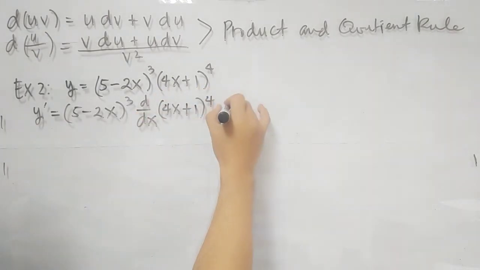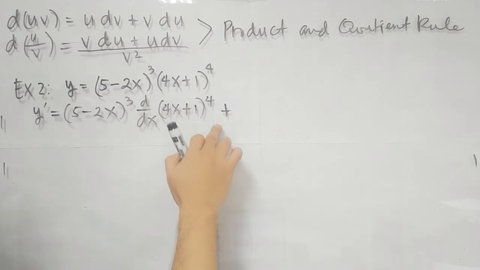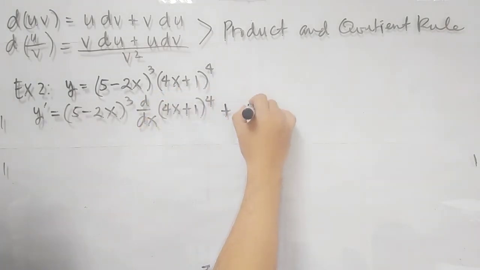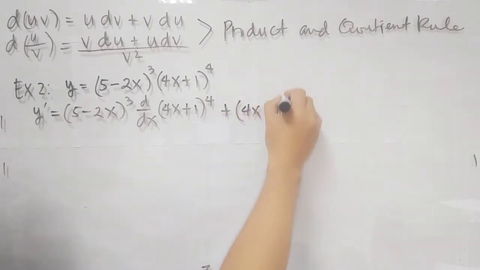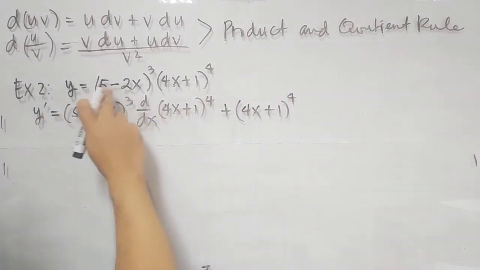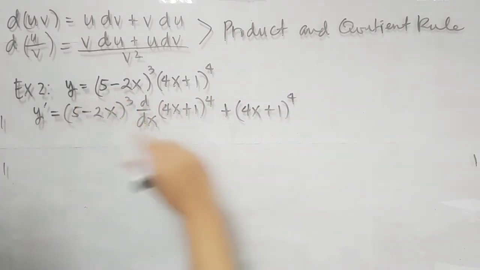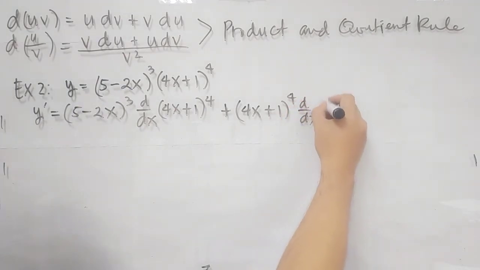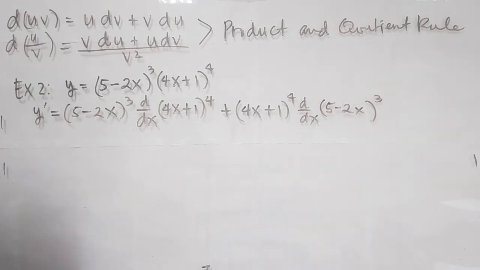And then plus, okay, write this group first: 4x plus 1 raised to 4 times the derivative of the other group, derivative of 5 minus 2x raised to 3.